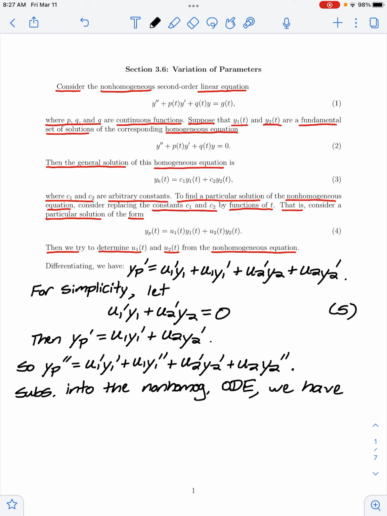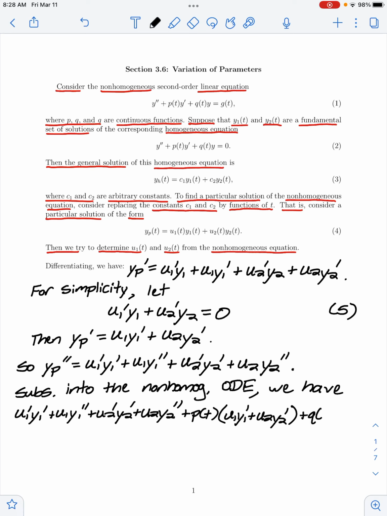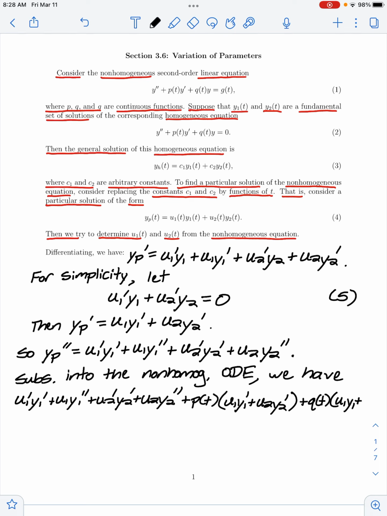So we would be looking at the second derivative, which we just found, as u1 prime y1 prime plus u1 y1 double prime plus u2 prime y2 prime plus u2 y2 double prime plus p of t times my first derivative, which simplified to u1 y1 prime plus u2 y2 prime, and then plus q of t times the particular solution, which was of the form u1 y1 plus u2 y2.